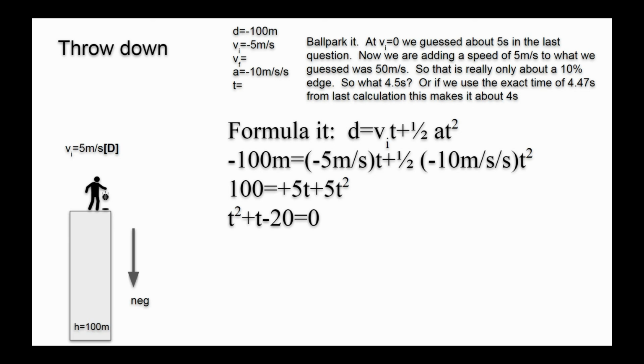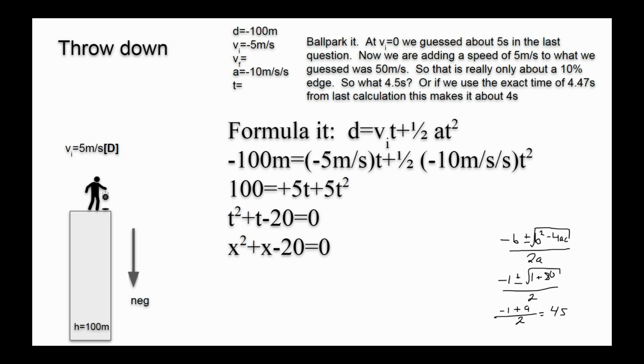At this point, you might not like looking at it because you're used to seeing x's. Be my guest, put in the x's. And we bring the quadratic formula out to play, and it says 4 seconds. It also gave a negative time, but we don't care about that one. We only want the positive time. The negative time wouldn't mean anything.